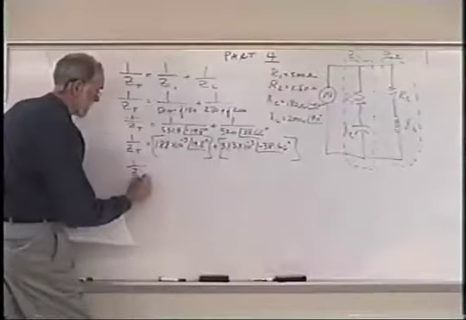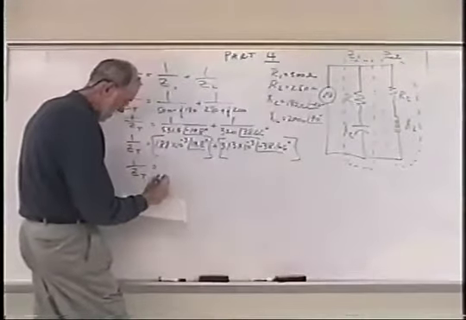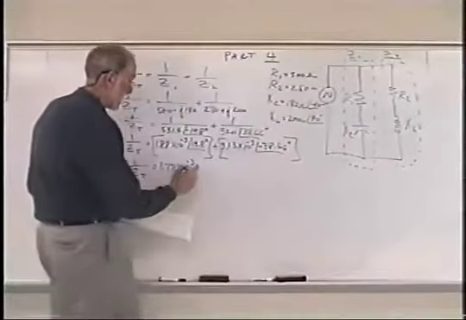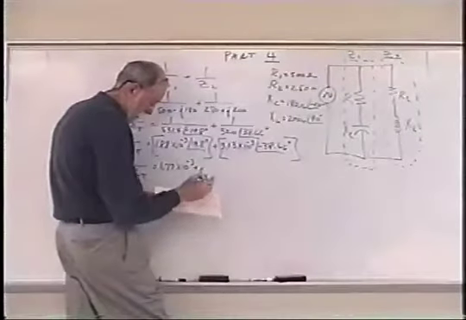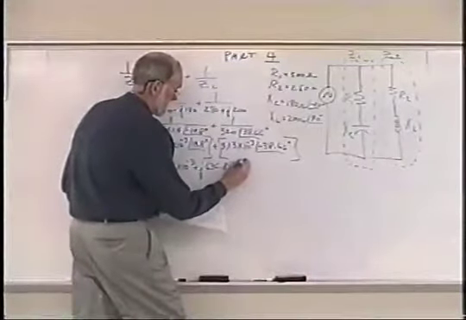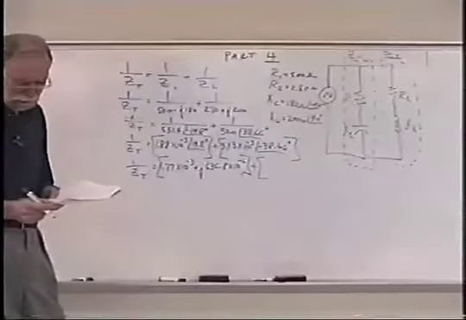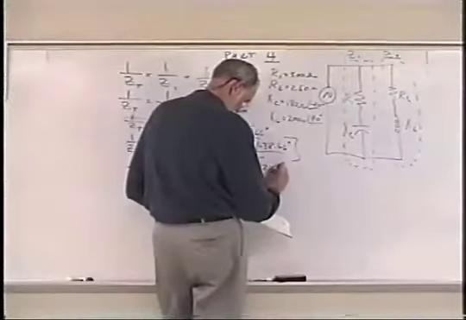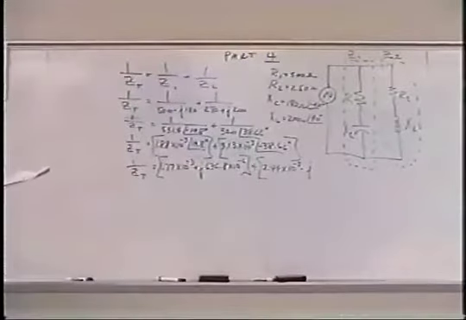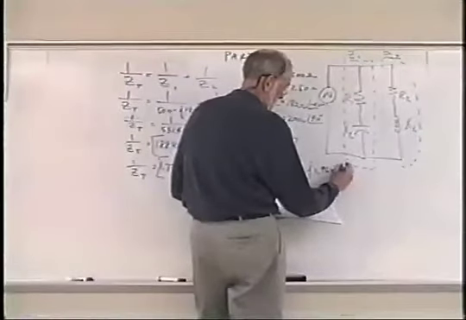So I would say 1 over Z total is equal to, I have my conversions here, 1.77 times 10 to the negative third plus j 636.8 times 10 to the negative 6, plus the second one is 2.44 times 10 to the minus third minus j 1.96 times 10 to the negative third.